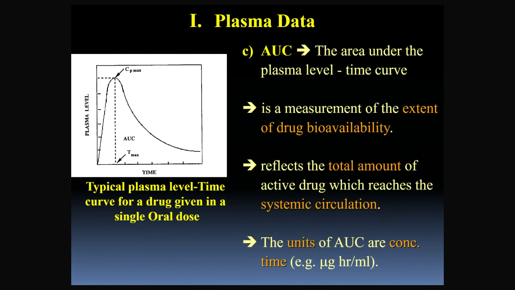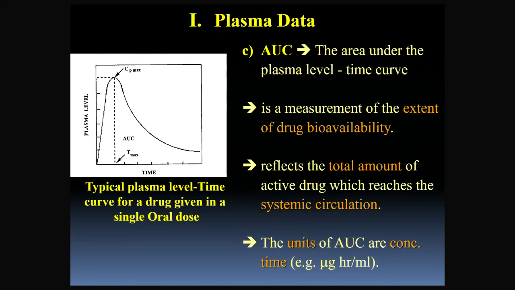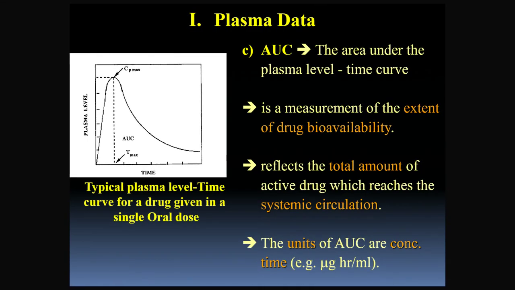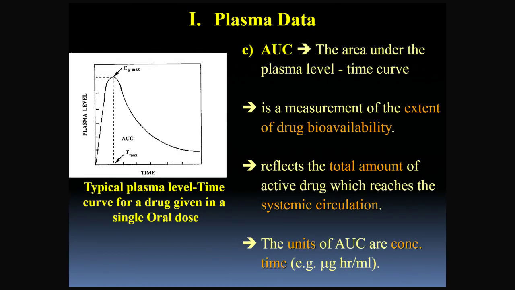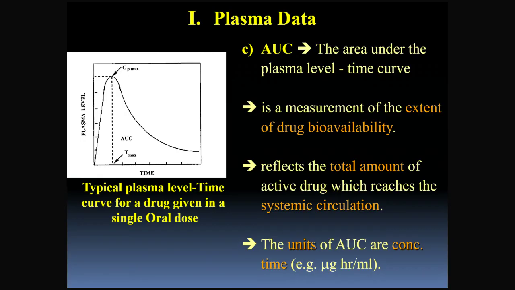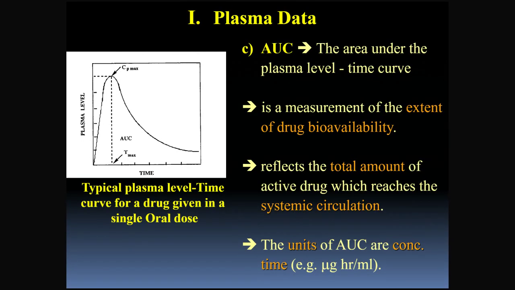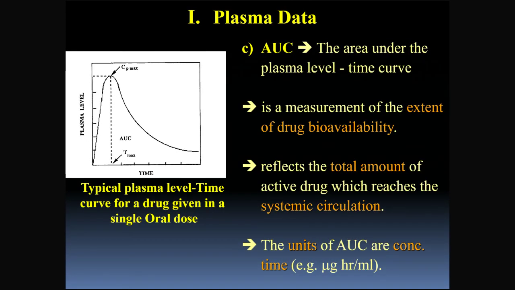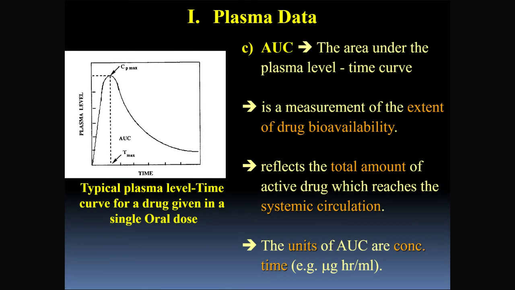exposure, integrating the plasma concentration from the moment of administration until the drug is completely eliminated. By calculating the mathematical integral of this plot, we determine the extent of bioavailability, which specifically quantifies the cumulative mass of the active ingredient that successfully enters the bloodstream.